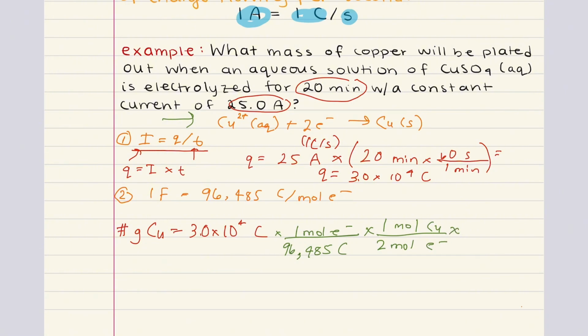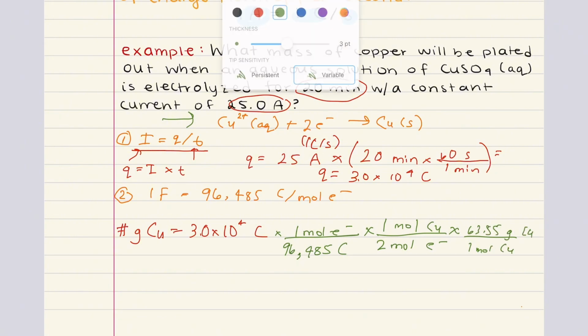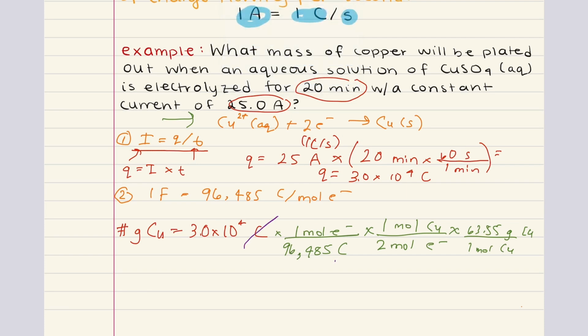Then from here, we can go ahead and convert the moles of copper to mass using the molar mass of copper. For 1 mole of copper, we have 63.55 grams of copper. So notice here, coulombs cancel out, moles of electrons cancel out, moles of copper cancel out, and we're going to get our final answer in units of grams of copper.